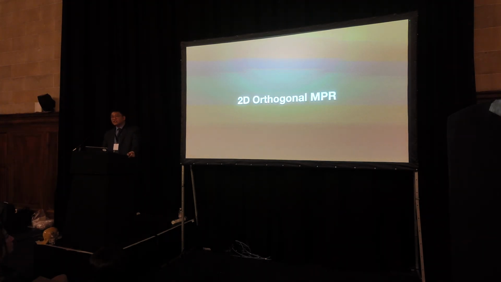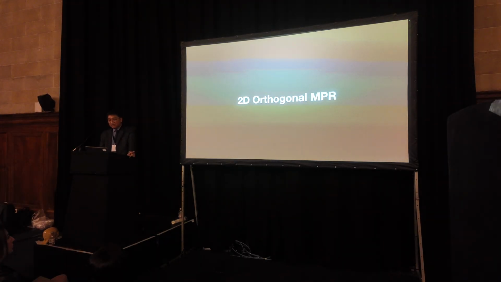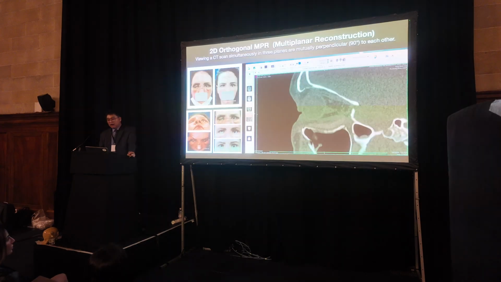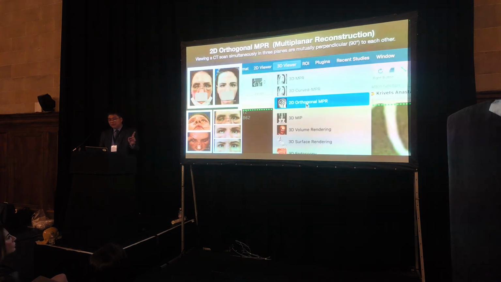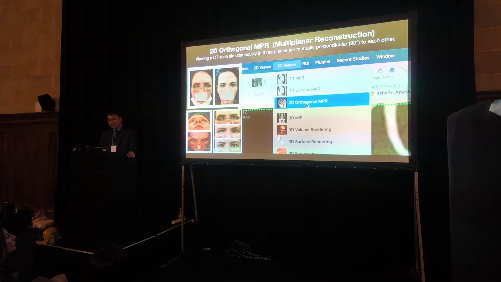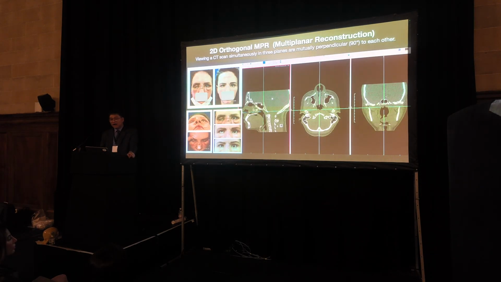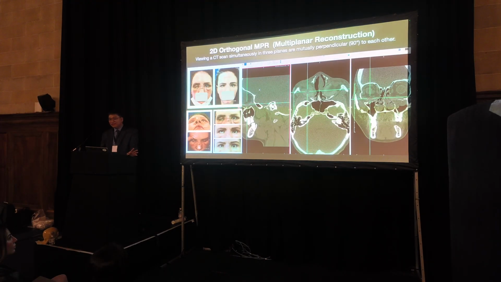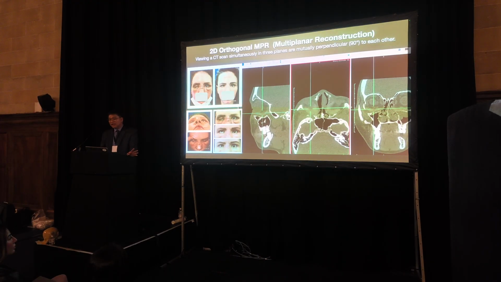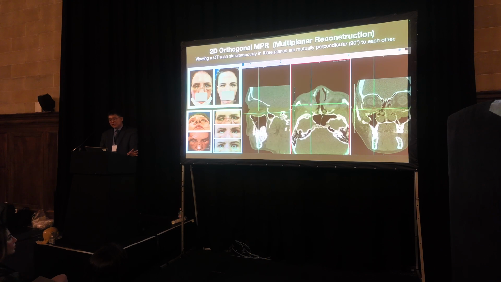The next mode, 2-dimension orthogonal MPR. This is a cool one. When you use the app, you go to mode and click on 2D orthogonal MPR. It means viewing a CT scan simultaneously in 3 planes that are mostly perpendicular to each other.